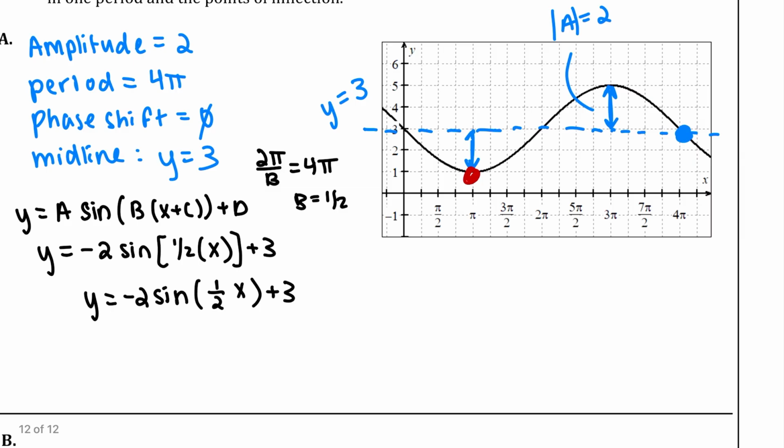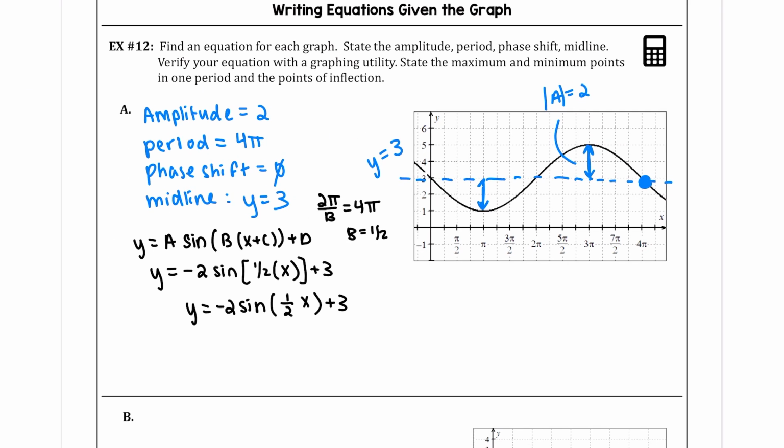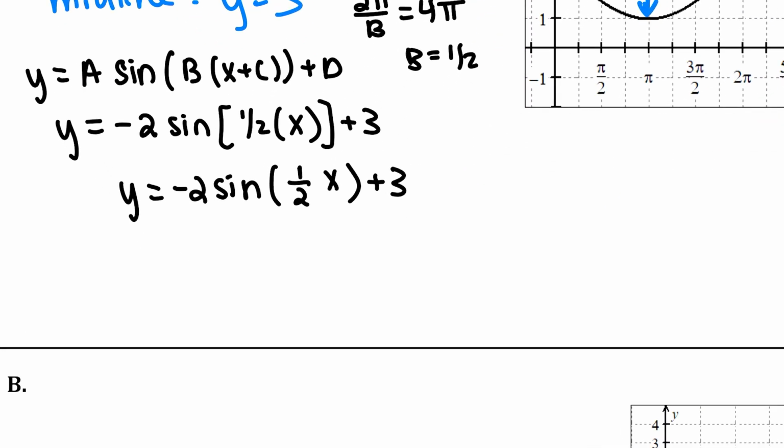But then the end of your cosine graph would have been off the screen. Just know that there are multiple valid answers to these problems, right? So that's our answer there. You can double check that on your graphing calculator if you wish.